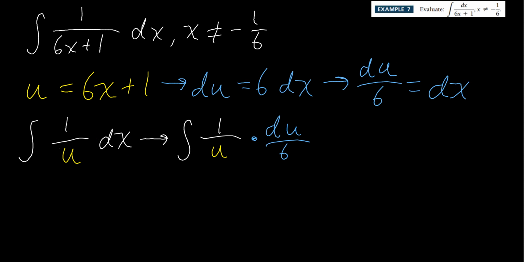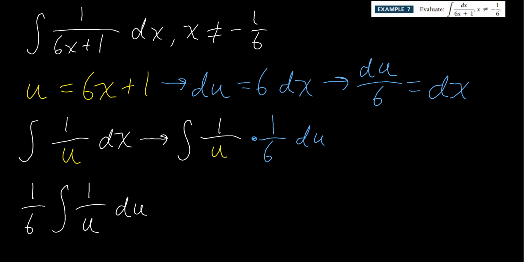I like to have the du out by itself. So I know du over 6 is just going to be 1 over 6 du. Okay, so 1 over 6 du is the same thing as du over 6. And since this 1/6 is a constant, I can pull that out in front of the integral. It'll be 1/6 times the integral of 1 over u du.